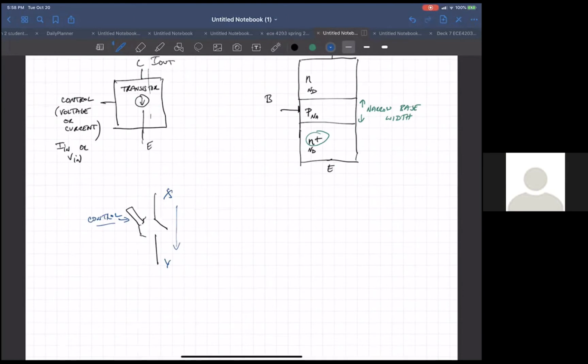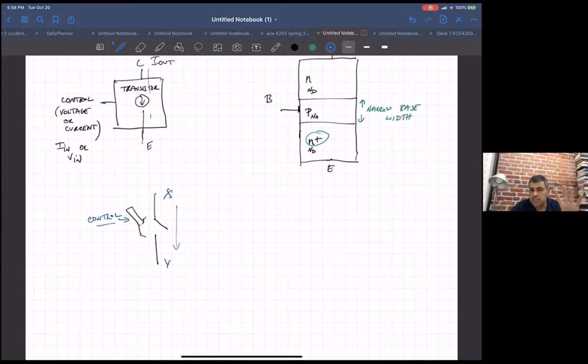Okay, so it's like a mini actuator. Yeah, but I'm trying not to overthink this analogy. Hopefully I'm not going to make you more confused, but I'm trying to give you a vision of a three-terminal device.